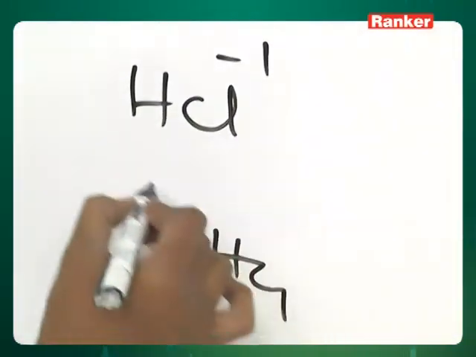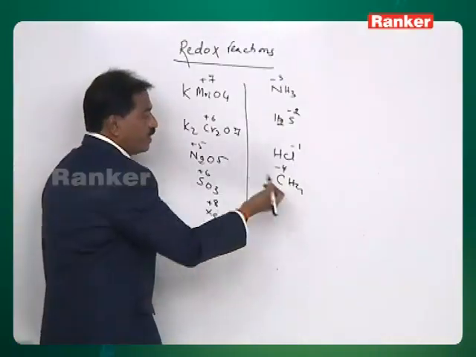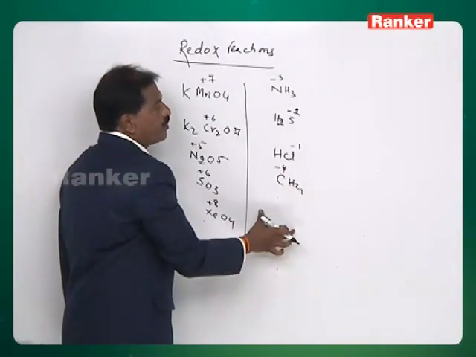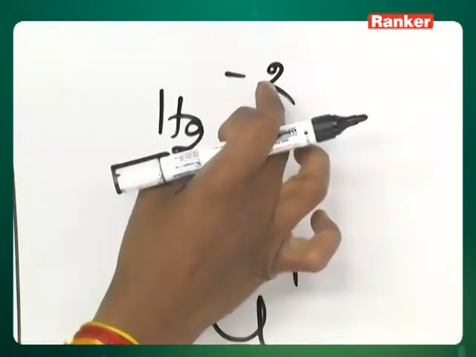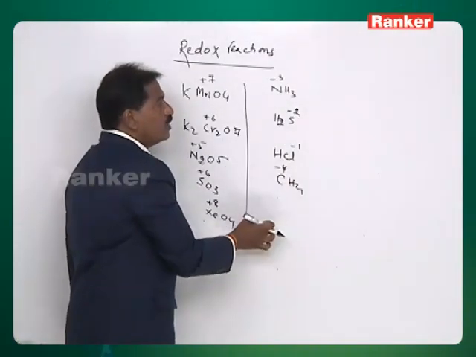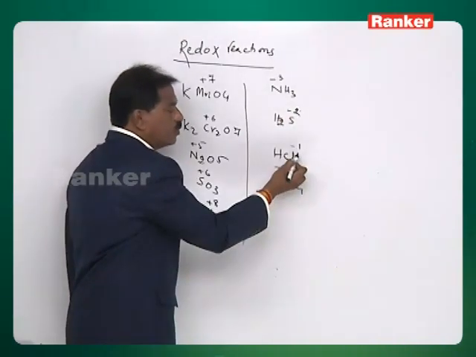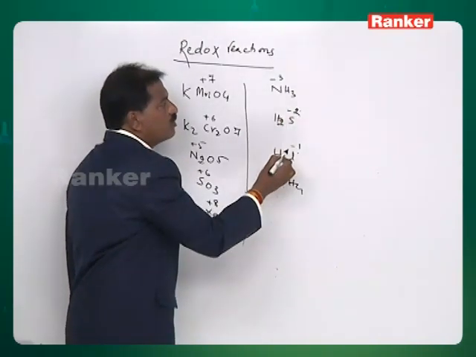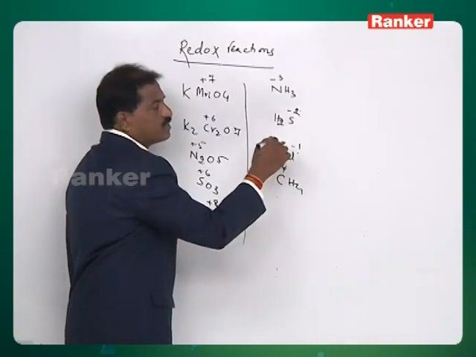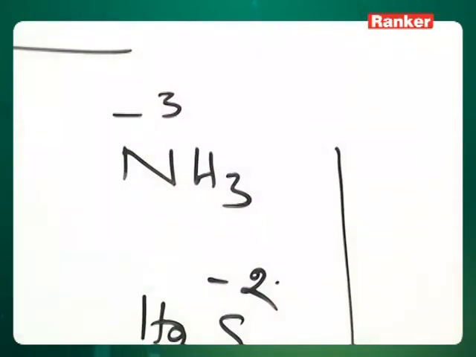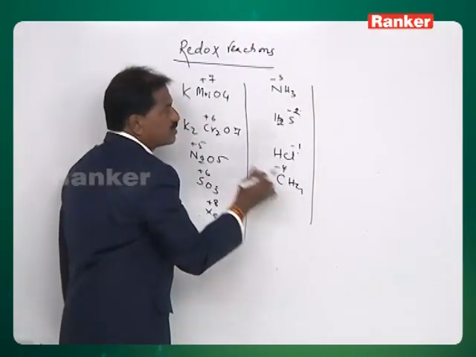In methane, the oxidation state of carbon is -4. So, when we have a set of molecules, first identify the oxidation state of the central atom. If that oxidation state happens to be the least possible value, then those molecules will always act as the electron suppliers, or reducing agents.